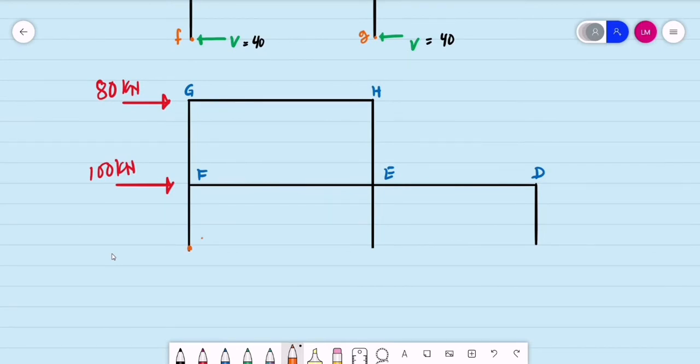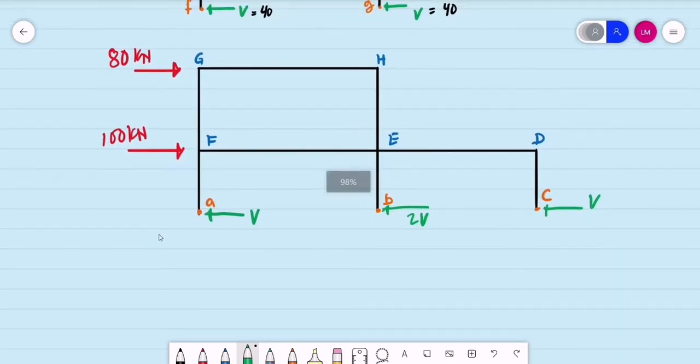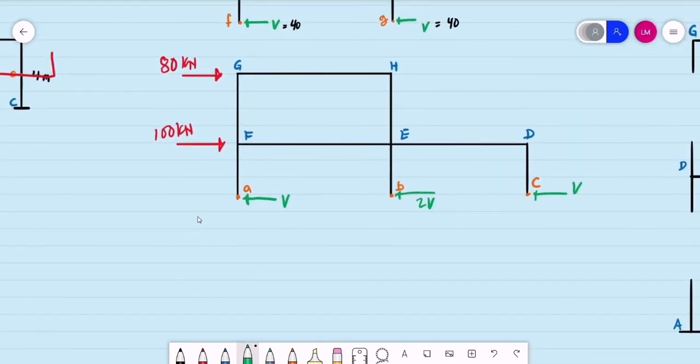This is, I think, point A, point B, then this is point C. So using the assumption of the portal method, the magnitude of the shear for exterior columns will be V. This is for our 2 exterior columns, and the magnitude of the shear for interior columns will be twice of V. So what we have to do is compute the magnitude of the shear.